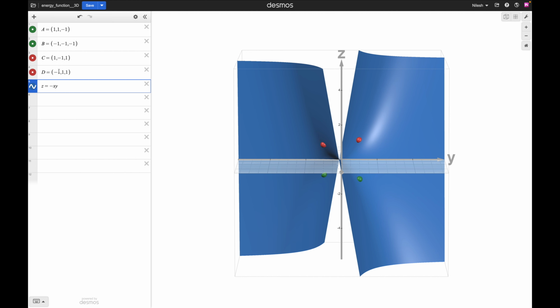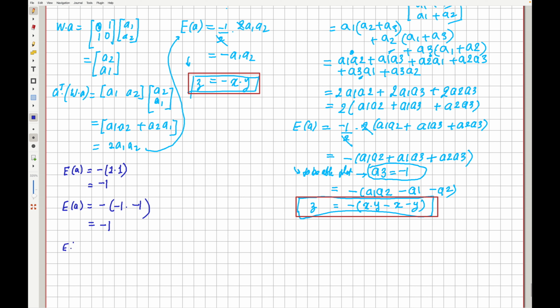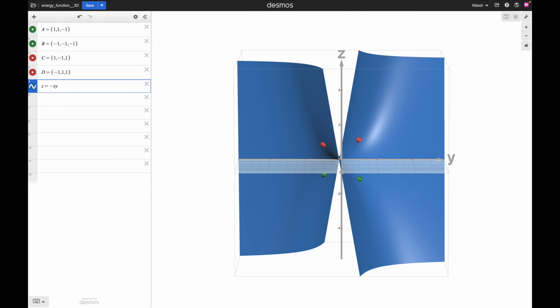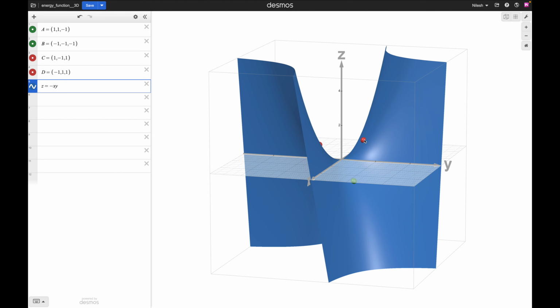Now C and D should have values that are above, that are positive. So if we go back and try 1, -1, so if we try the value of A1 as 1 and A2 as -1, what we get is +1 in the output. And so there we are saying that the energy is high, and therefore we see that data point is here.